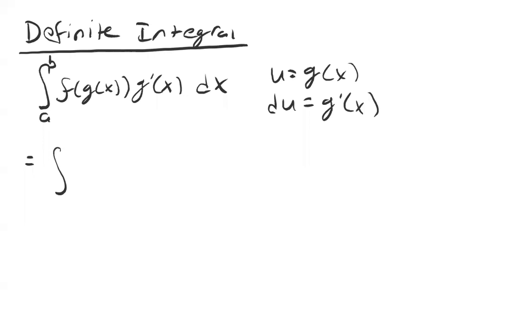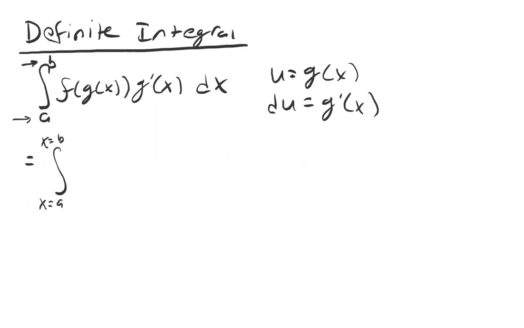So remember, these bounds here are x values. But now that I'm changing variables, so x went from some number to some number, u's going to go from a different number. So right now I'm going to write this as x equals a and x equals b, just to remind myself that these are the x values.